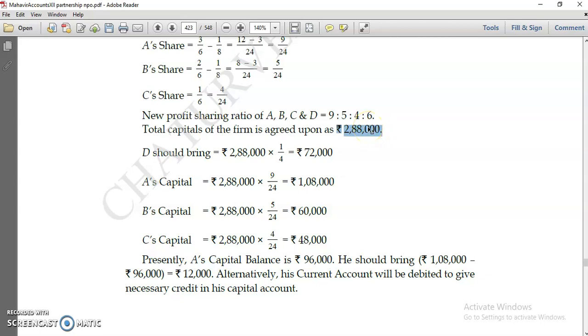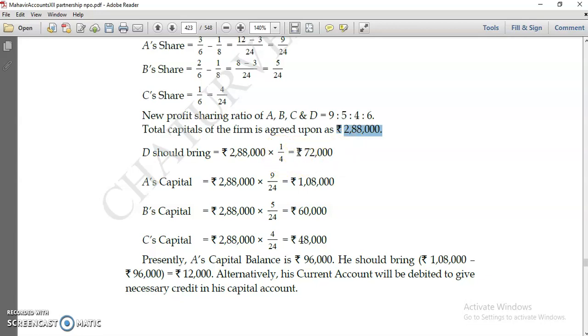But here total capital is given. Now after calculation of that total capital, what do you have to do? You have to multiply it by your new ratio. It is mentioned over there that 1/4 share of total capital is brought in by the new partner. So multiply by 1/4, it comes to 72,000.